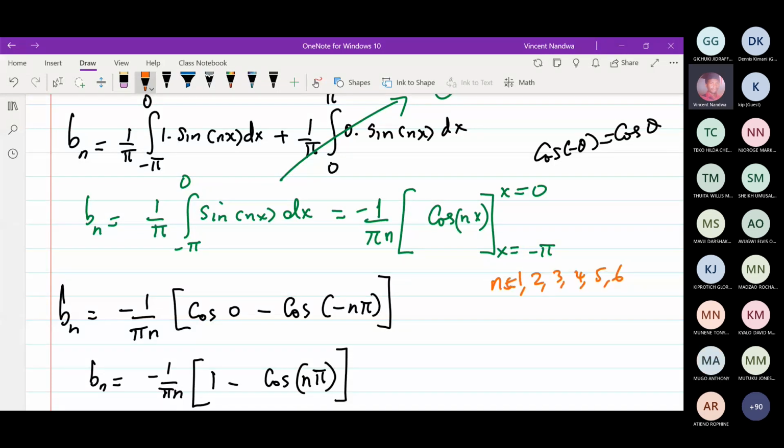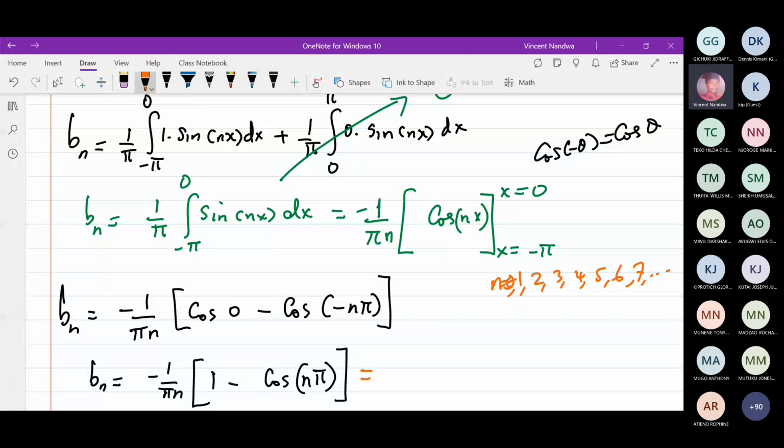And then when n is 1, cos of pi is negative 1. And then when n equals 2, it is 1. When n is 3, negative 1. So there is this alternation of 1 and negative 1. You get 1 when the power is even, and you get negative 1 when the power is odd.